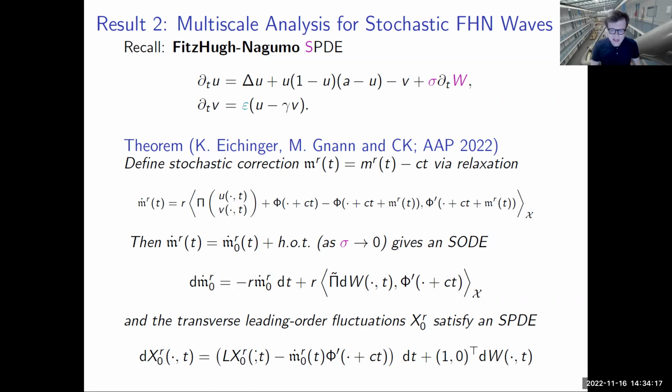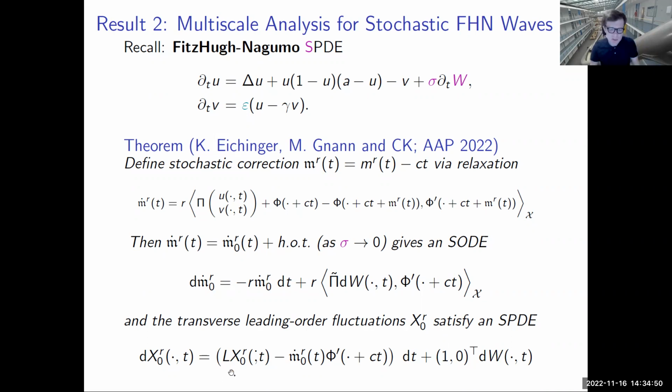And you can also find a stochastic partial differential equation that acts transverse, or orthogonal, in this Hilbert space. So you can actually find the fluctuations that are leading order. Again, the leading order fluctuations in the noise level satisfy a certain SPDE. And for this SPDE, you can show that the part that gives you enough damping to converge back to the wave is precisely the linear operator that you're used to studying for stability of the deterministic wave.